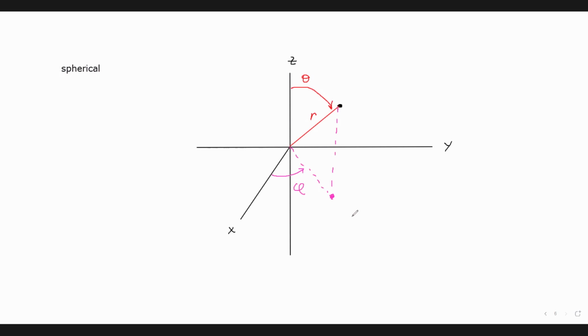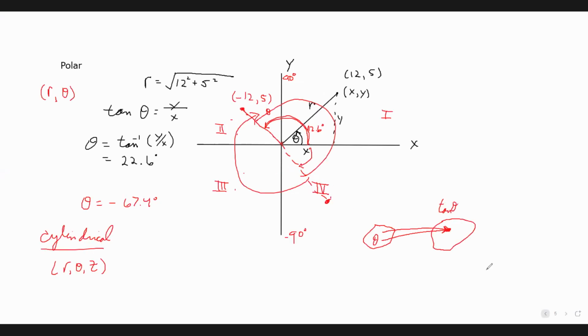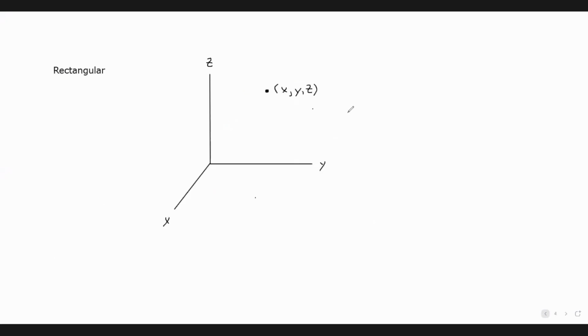Let's go back to rectangular for a moment. Now, what if I have a little volume surrounding this point? So a little box. And that little box has sides dx, dy, and dz, where those are differentials.